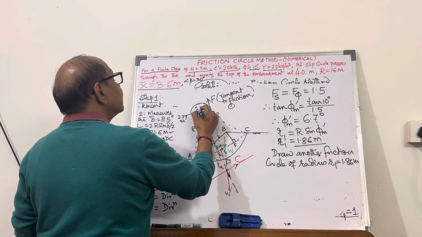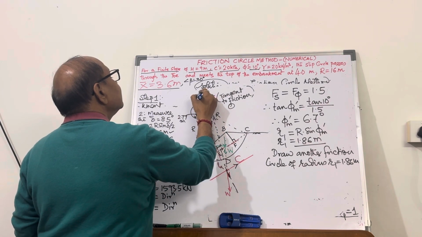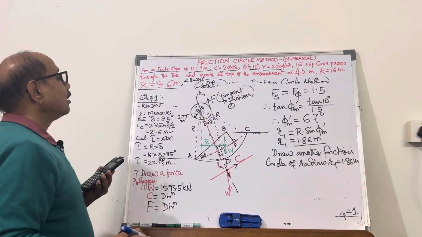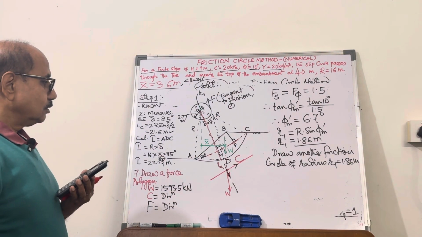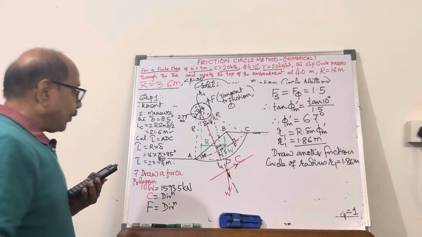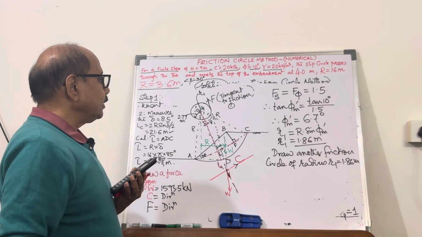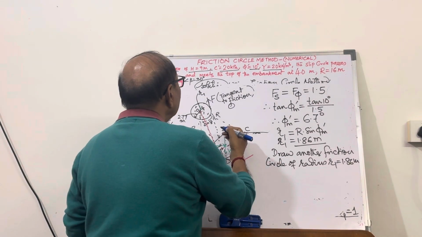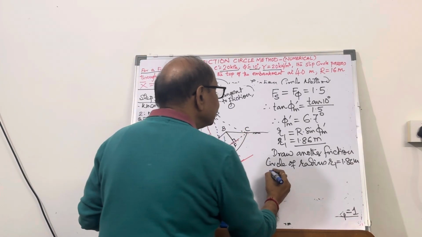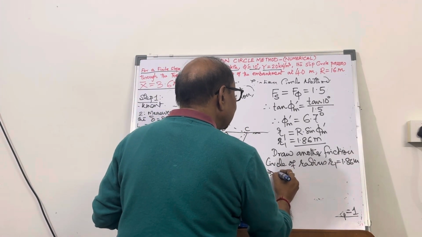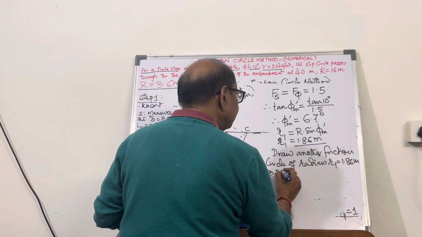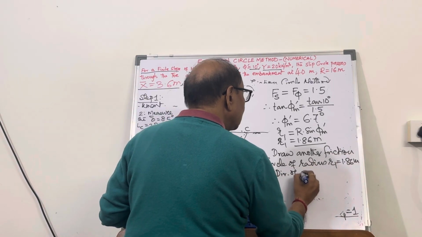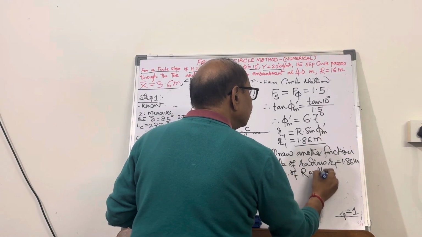Another friction circle. Now its radius is going to be R1. And repeat the complete process. The direction of R will change.